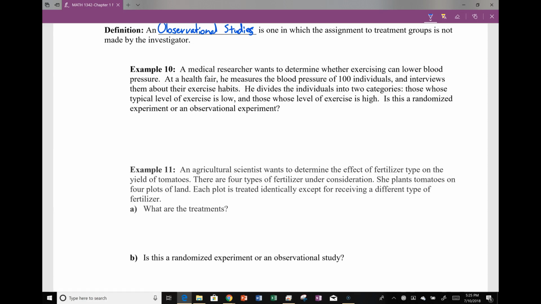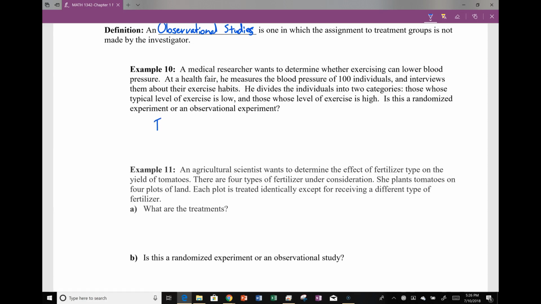So right here, you're at a health fair. Have you been told you must exercise, you cannot exercise prior to this? No. This researcher is literally just interviewing you and saying, what are your exercise habits? They did not say, you must exercise, you cannot exercise.